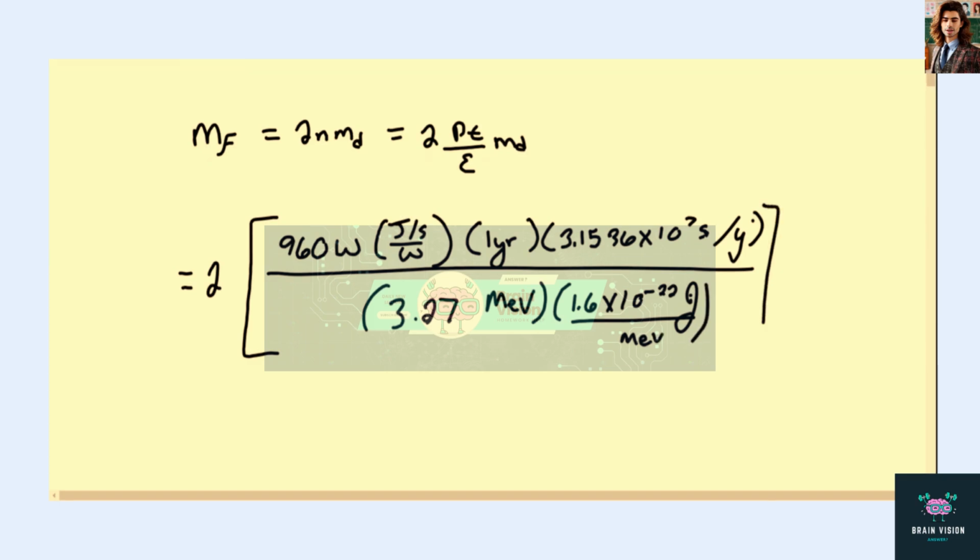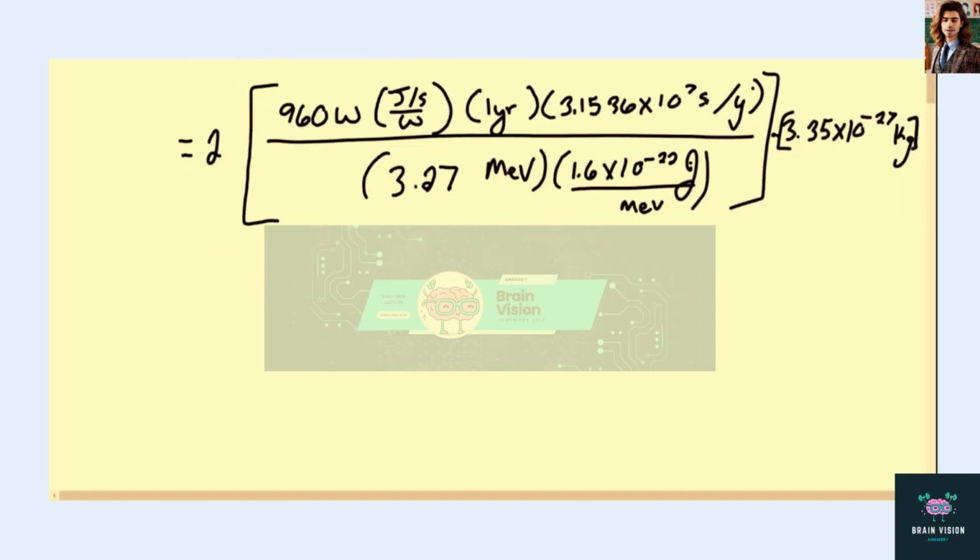And now let's put in the mass of deuterium, in little brackets here: 3.35 times 10 to the negative 27 kilograms. Now we're going to put everything into our calculator.